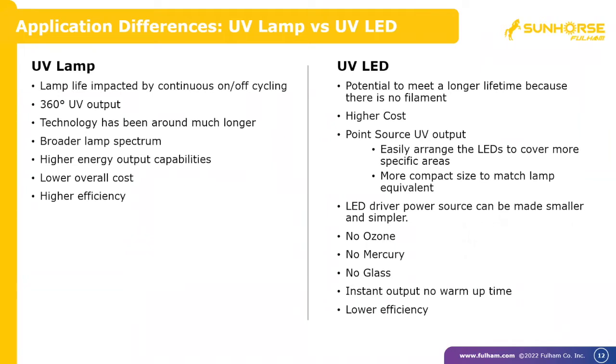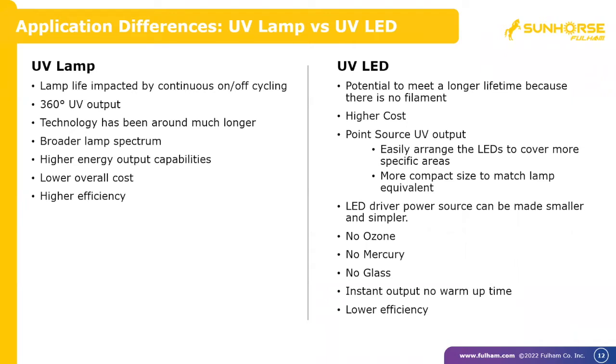They are a 360-degree output, which can be beneficial in some applications, such as an air handler or water treatment facility, where you gain from the fact that the UV radiation is in all directions where air or water might be passing through. At the same time, it allows for a larger spread of coverage.